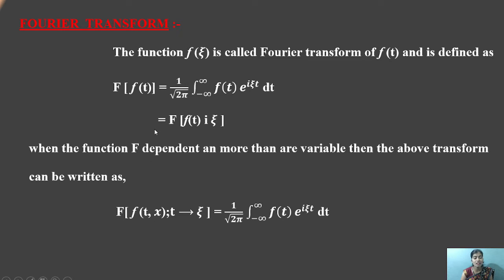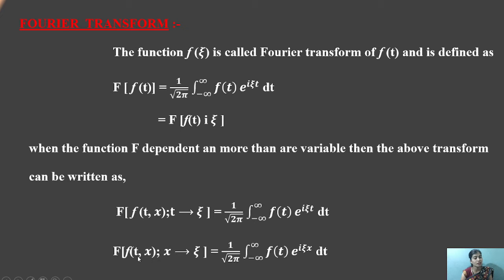It was used with only the variable t, but now it is generated with the variables t and x. With t tending to xi, the Fourier transform formula is 1 upon square root of 2 pi, integration from minus infinity to infinity, f of t e to the power i xi t dt.